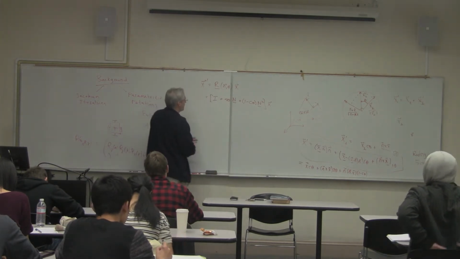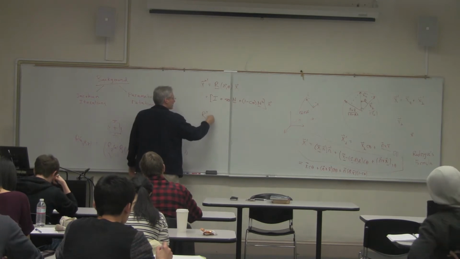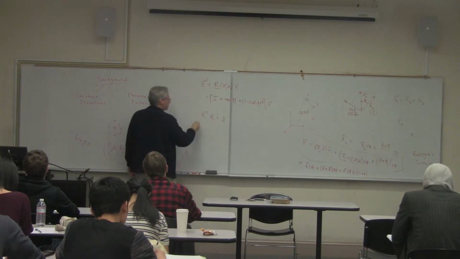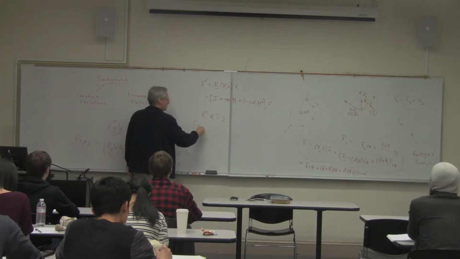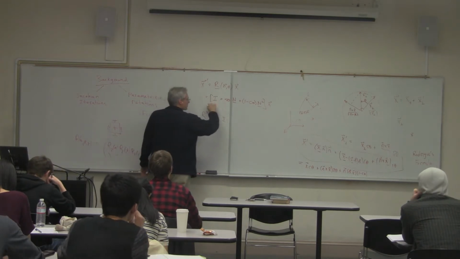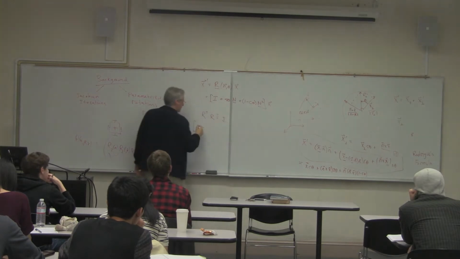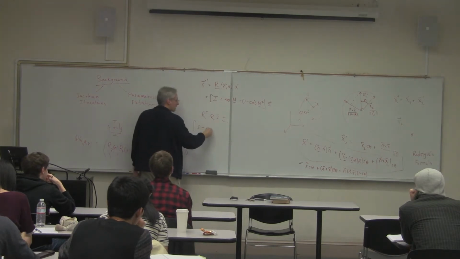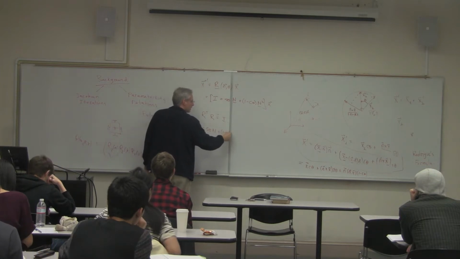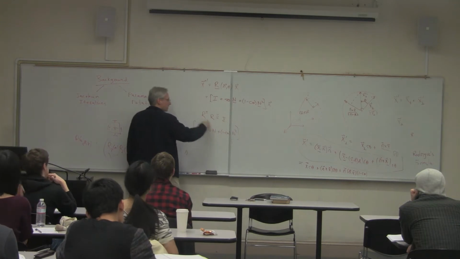We can check, is R times its own transpose equal to the identity? The transpose of the sum of things is the sum of the transposes. So this is going to be I minus sine theta N plus 1 minus cosine theta N squared. This is the transpose.